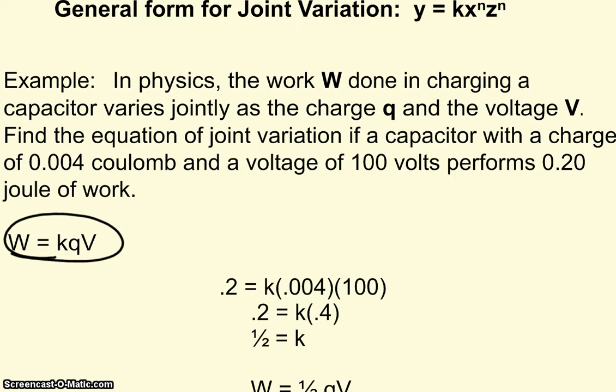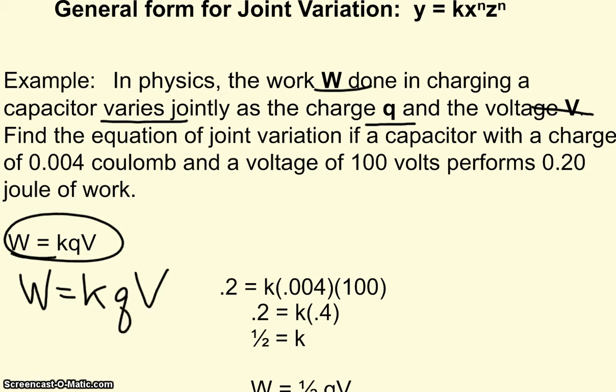Now notice it said work varies. That's why I started with W equals k. And then since it was jointly, I knew I had a multiplication problem, and I just needed to know the remaining variables. So the two remaining variables were Q and V. So my equation was W equals kQV.